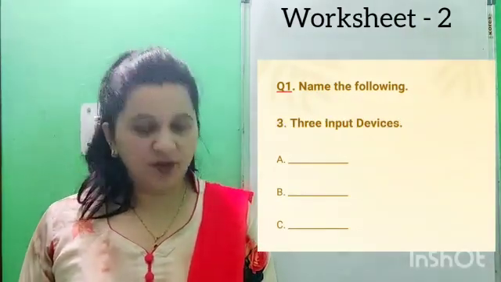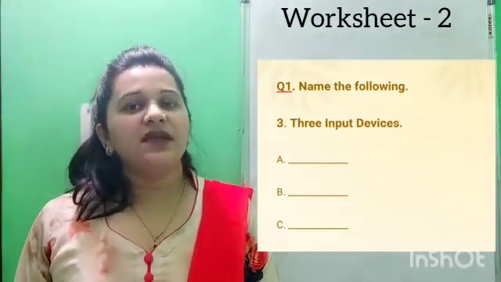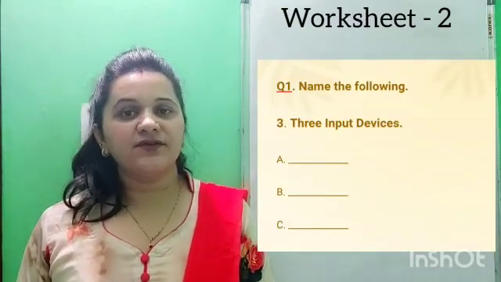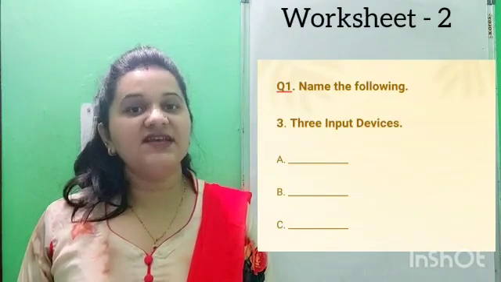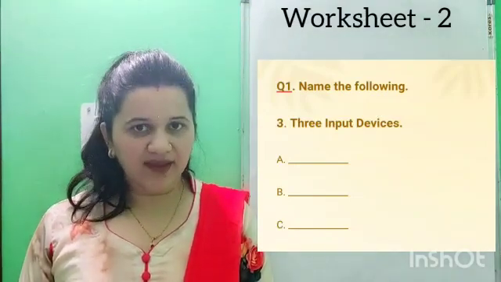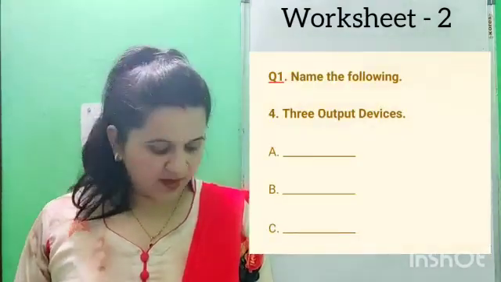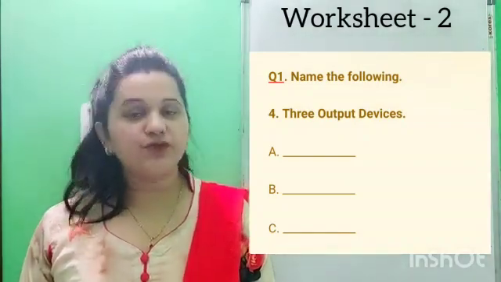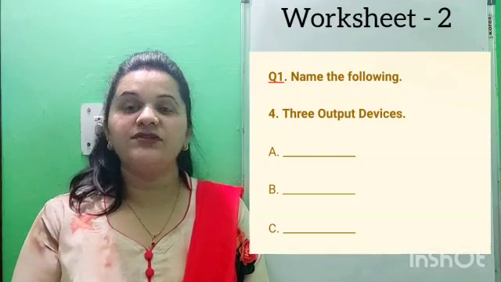Now children, the third question, 3 input devices. In the spaces given here, you have to write down the names of 3 input devices. Fourth one, 3 output devices. Here also you have to write down the names of 3 output devices.